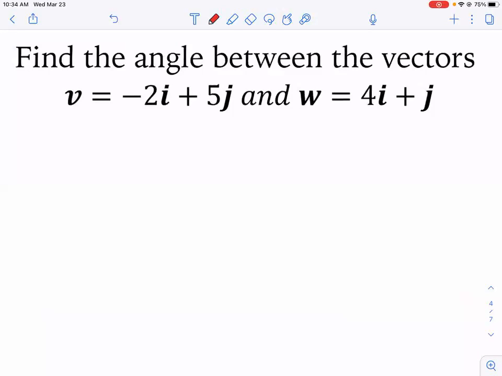All right, so we need the magnitude of each and we need the dot product. Do we have the dot product? What did we figure out the dot product was? -3.